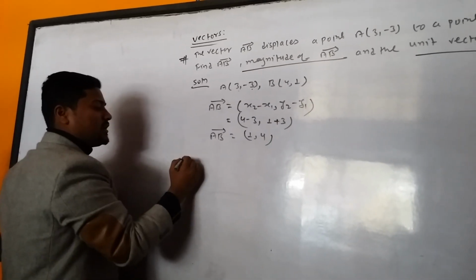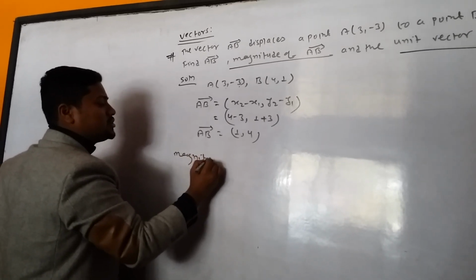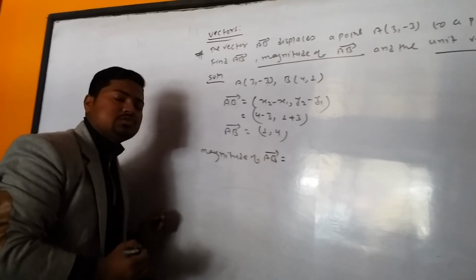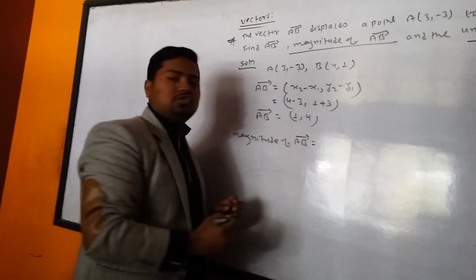Now the second part is the magnitude of AB vector. How to find the magnitude of any vector?